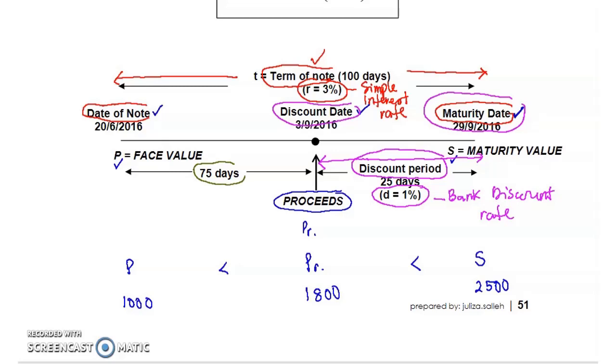How do we get 75 days? 100 minus 25, then you get 75 days. 75 plus 25, so the total is 100 days. This 75 days is the number of days you kept, or held, the note.